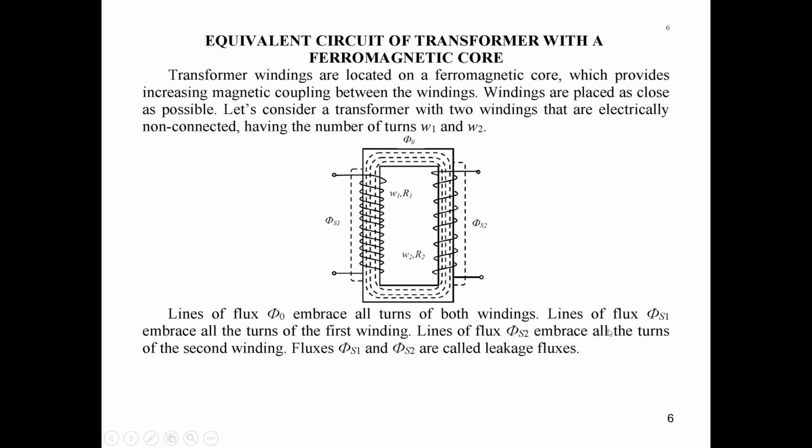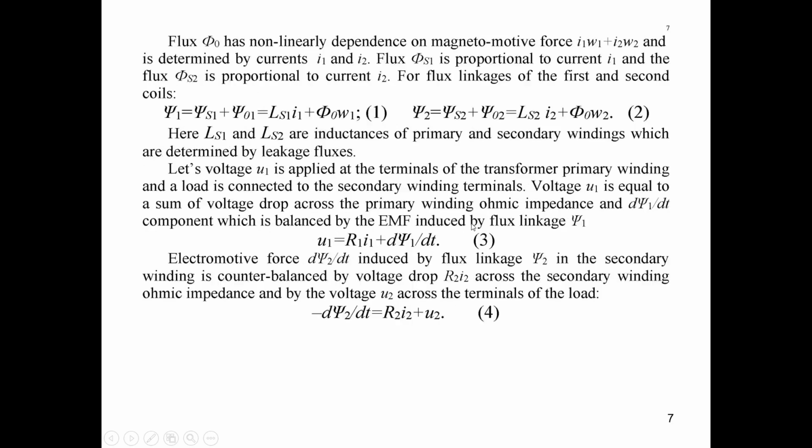And lines of flux Φs1 embrace only turns of the first winding, and lines of magnetic flux Φs2 embrace only turns of the secondary winding, and Φs1 and Φs2 are called leakage fluxes. Let's write down now expressions for these Φs1 and Φs2 through currents in both these windings.